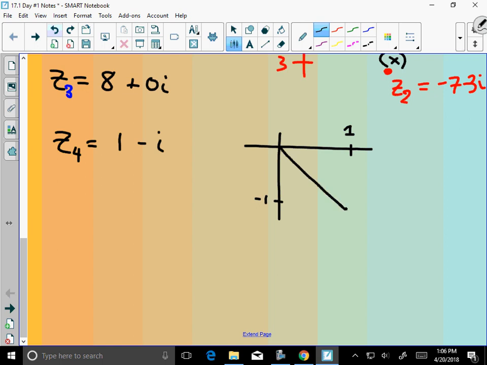So this point right here is the point 1 minus i. There is a triangle formed here where this side is 1 and this side is -1, well, we'd call it -1i. What would the hypotenuse be? Root 2. So I have pi over 4 right here, right? Oh my gosh, last chapter is not disappearing. It's just becoming more complex.